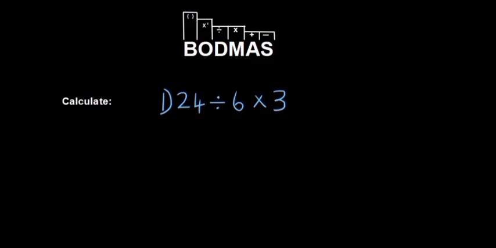In this problem, we have division and multiplication. So because division and multiplication are same level operations, we're gonna simplify them from left to right. So that means we're gonna divide first.